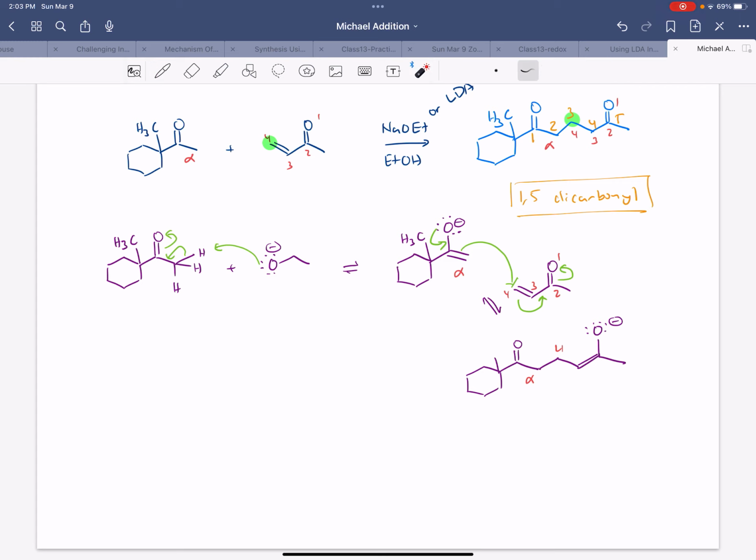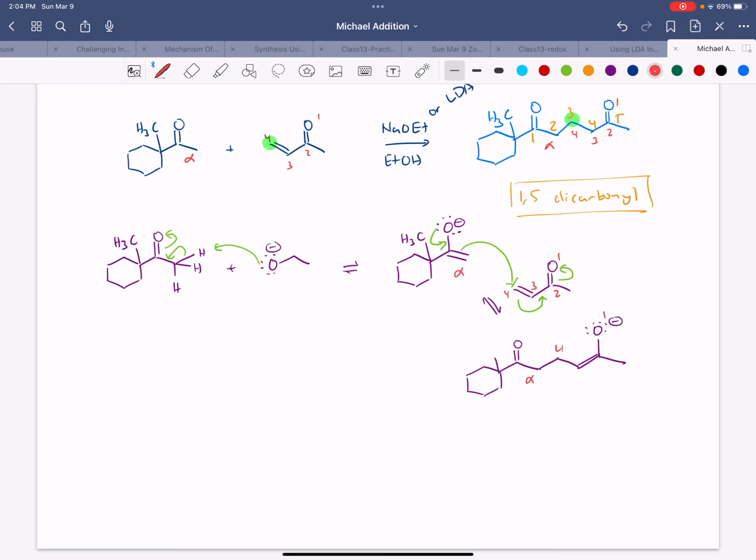We're almost done. We have EtOH. What you could do is remake this double bond and attack that hydrogen. What could also happen is that the oxygen can be protonated, but I'm not going to do that in the mechanism.